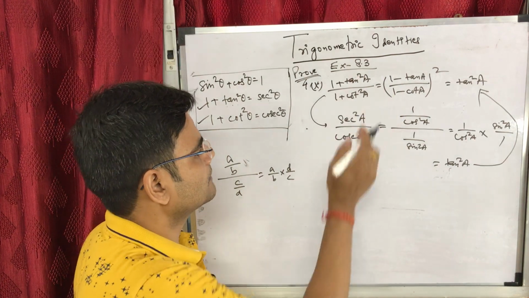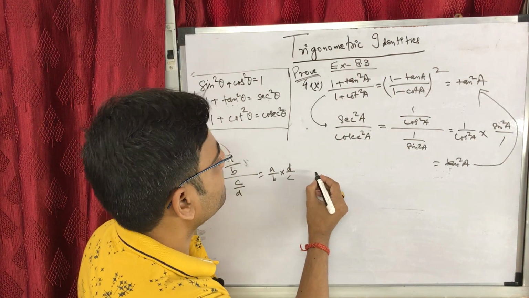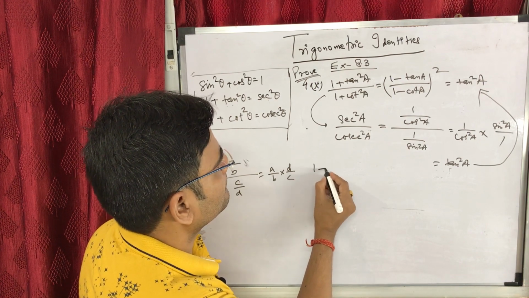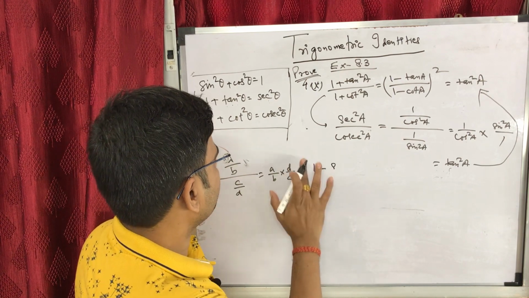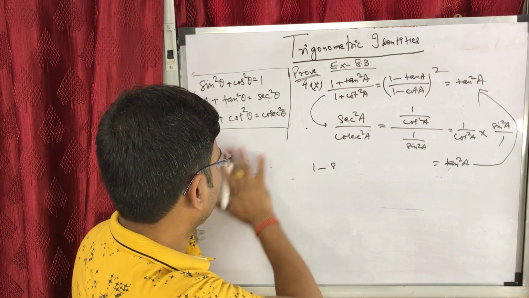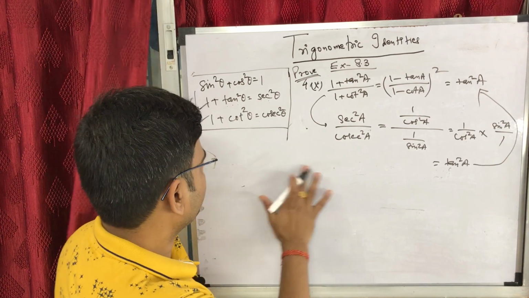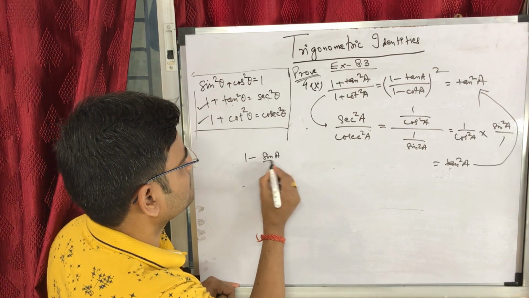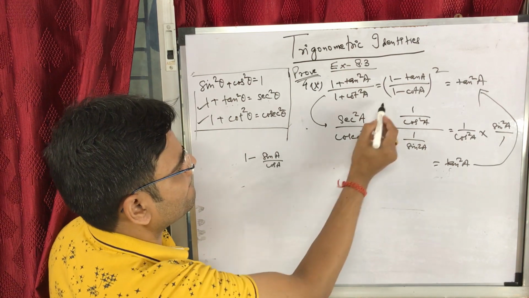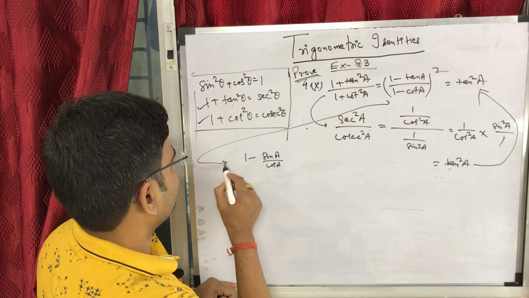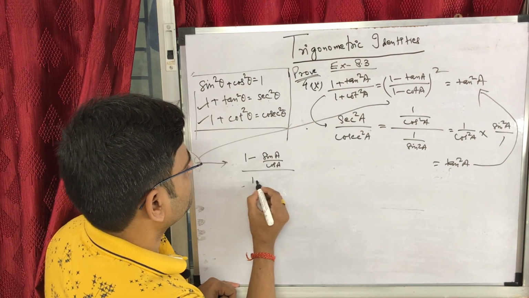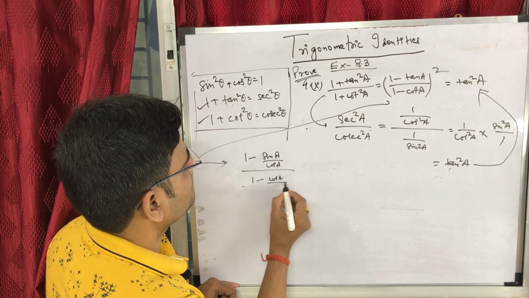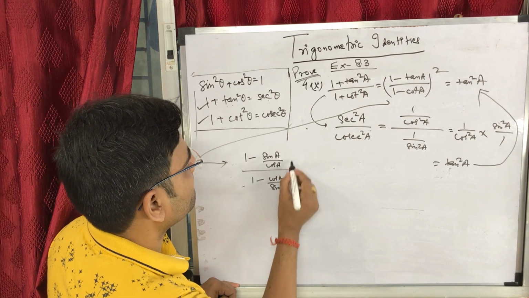Now let's take this one, break into sin A by cos A. (1 minus sin A by cos A) by (1 minus cos A by sin A) whole square.